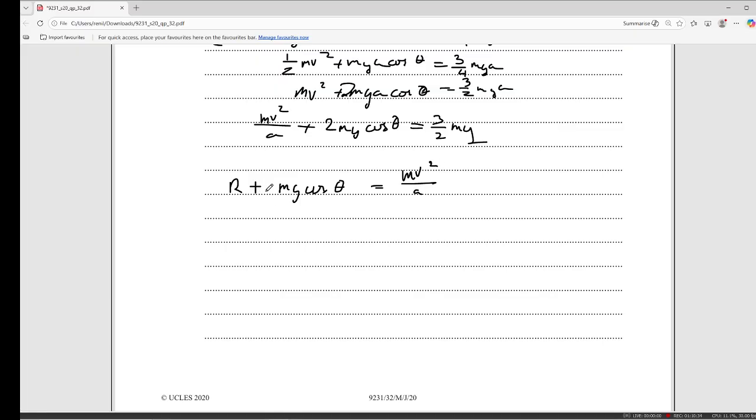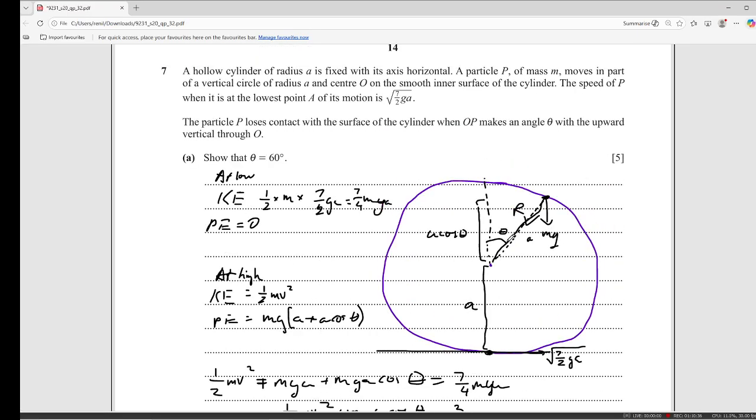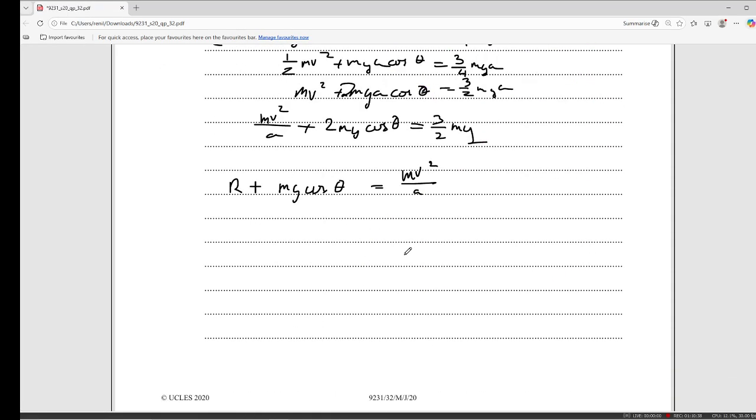Not minus, it's plus, because they both act in the same direction towards the center. Because of that, I know that it loses contact at this point theta, meaning R equals 0. So if mv square over a equals mg cos theta, by substituting this over here, I can say 3 mg cos theta equals 3 by 2 mg.